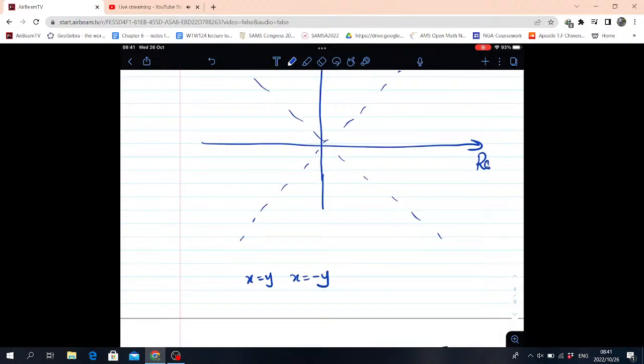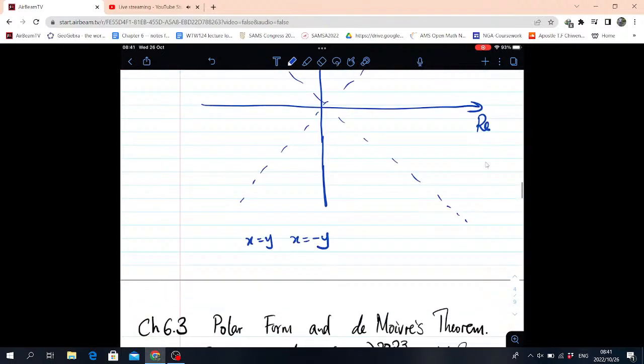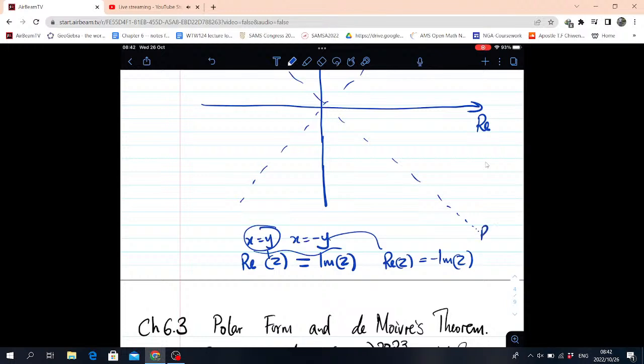But this would be what would happen if you are dealing with R2. In this case we are in the complex plane, so we would say the real part of z, which is x, is going to be equal to the imaginary part of z. So this is that equation. And then with this one, we are saying the real part of z is equal to minus the imaginary part of z, right?